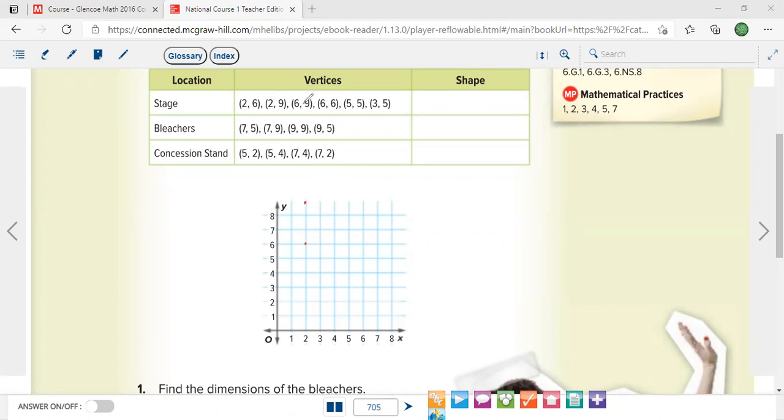6 and 9, from 6 up to 9, and 6 and 6, 5 and 5, and 3 and 5.